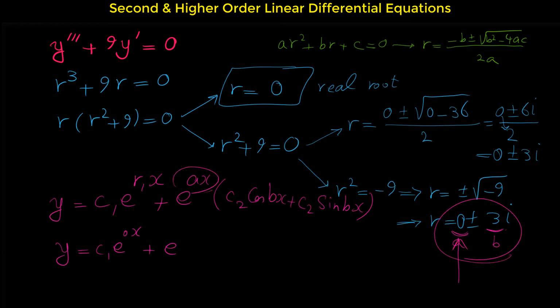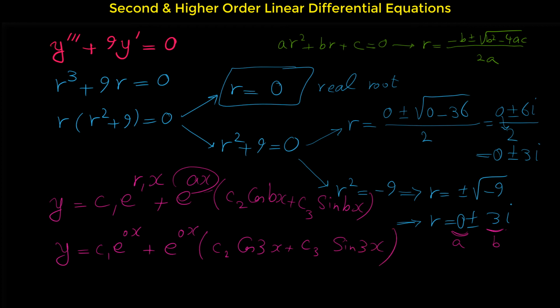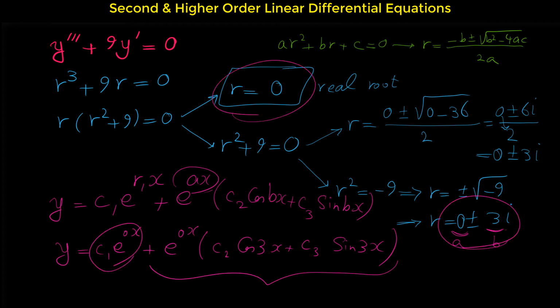Note that a is 0. So e to the 0x times c sub 2 cosine of 3x plus c sub 3, not 2, sine of 3x. So this part is because of these roots, and this is because of this real root. We have only one simple real root, so we have this for that.